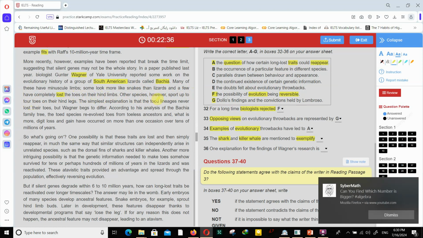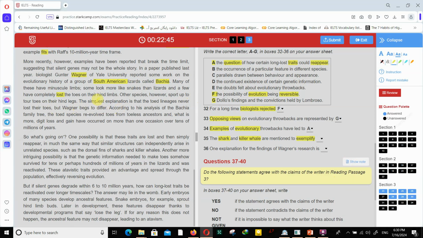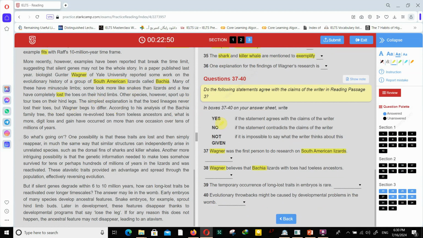The simplest explanation is that the toed lizards never lost their toes, but Wagner begs to differ. Okay, now let me just look at these questions. Wagner was the first person to do research on. We cannot say anything about this one. Believes that Bachia lizards with toes had toeless ancestors.